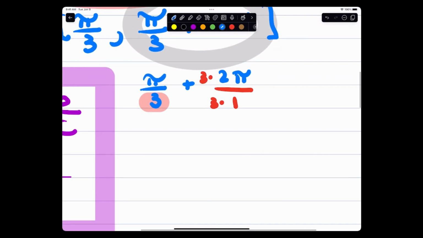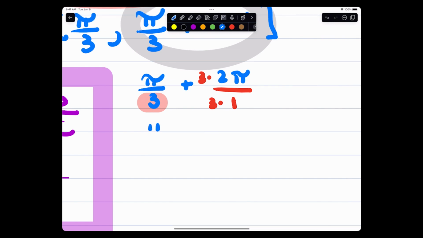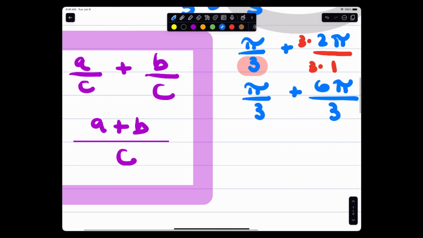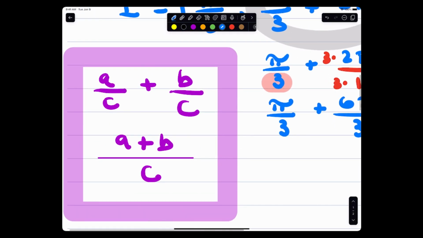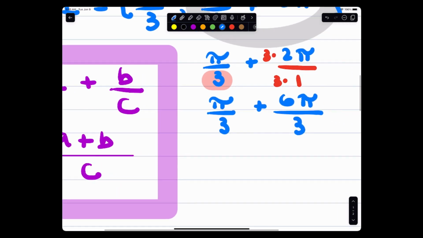This is actually adding fractions, a whole number with a fraction. Now what is 3 times 2 pi? What is 3 times 1? Don't you have the same denominator now? Is that right?